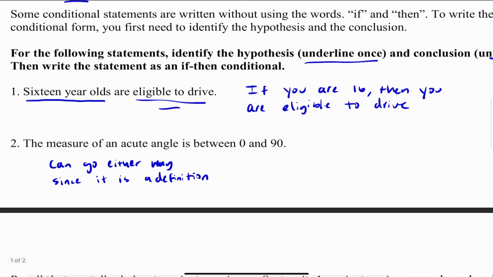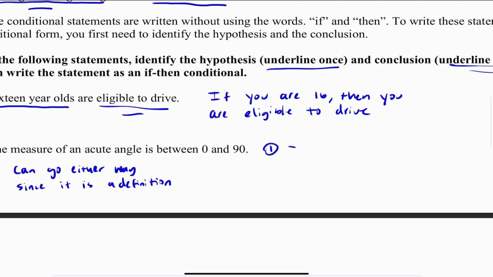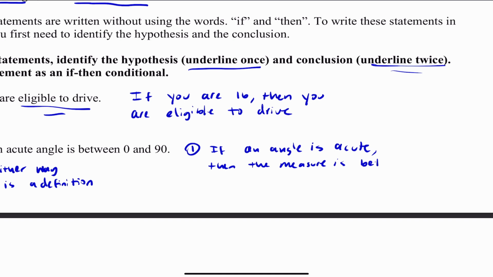Like I said, number one, if an angle is acute, then what does that imply? Then the measure is between 0 and 90. And let me go ahead and write the other direction.